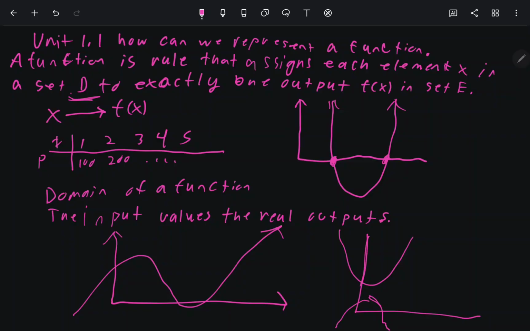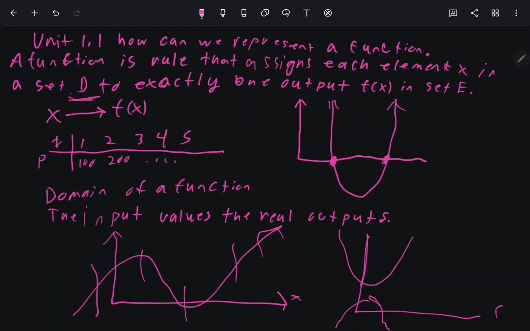And how do we tell if this is a function? Well, as I said earlier, we want only one value of y for each x. So for the first one, let's look at this left to right. Is there any x with more than one? No, there's only one, only one, only one. And this is called the vertical line test.